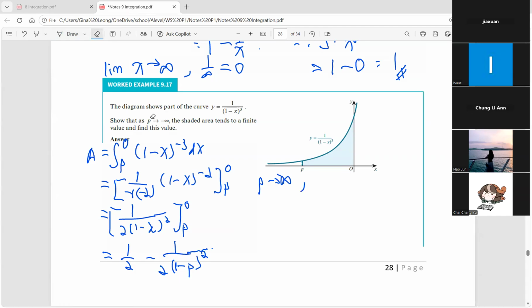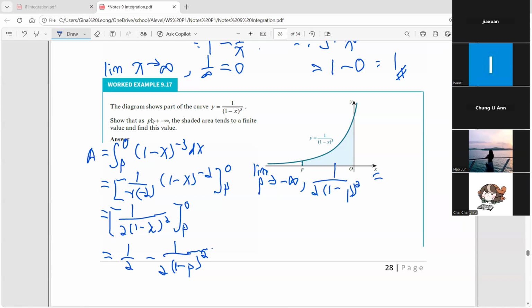So when it is negative infinity, it's 1 over 2, 1 minus p squared. What do you think the value can be if the infinity value is here?